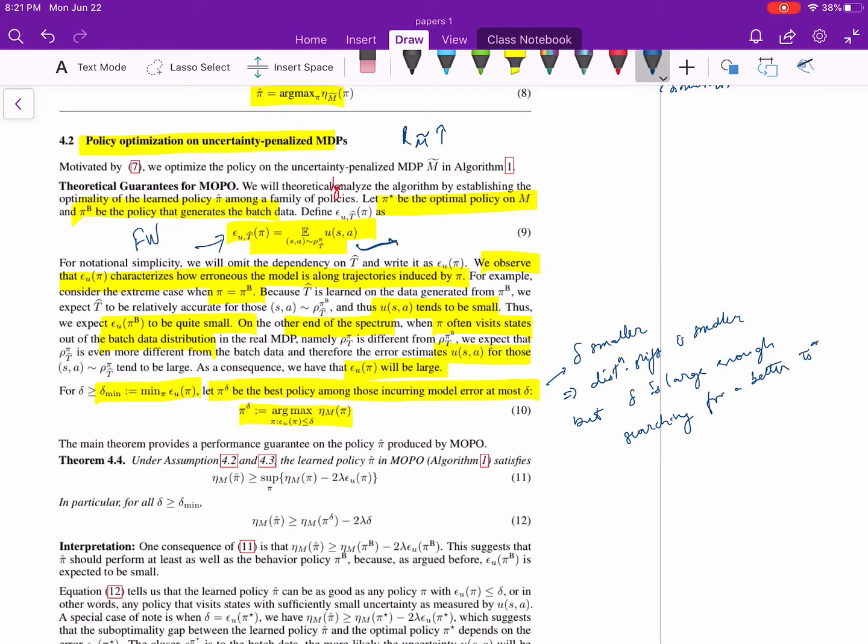So this is how the balancedness property comes from. I still have a doubt about how this delta min comes into the picture.